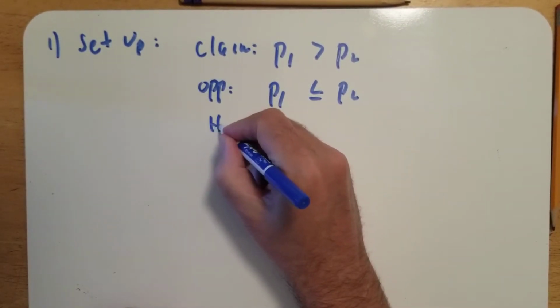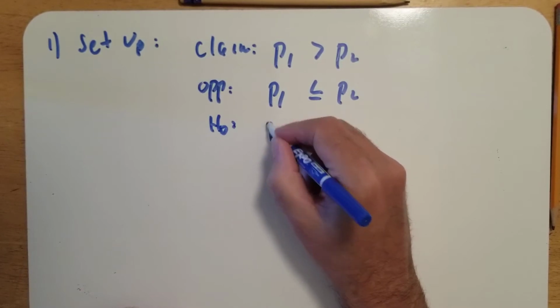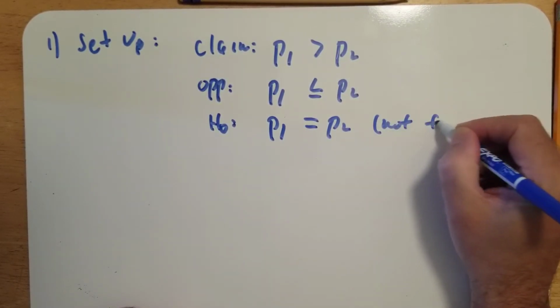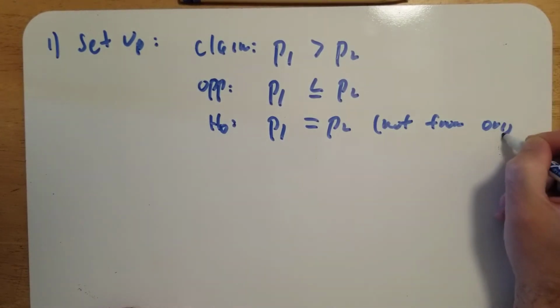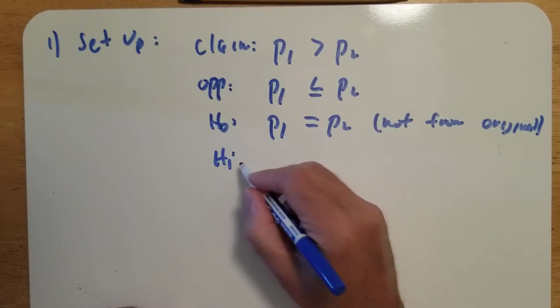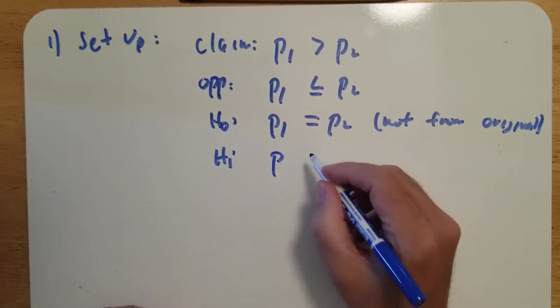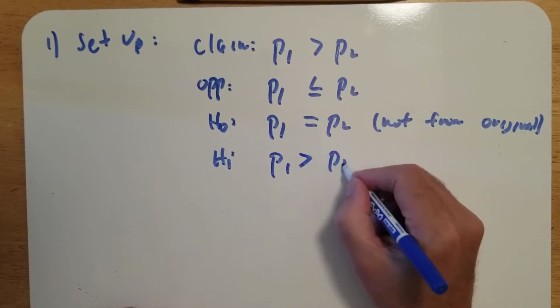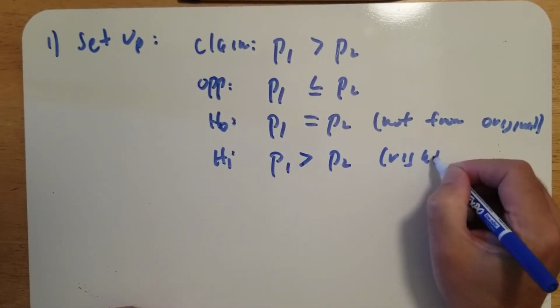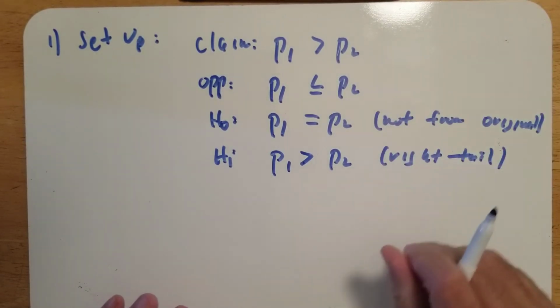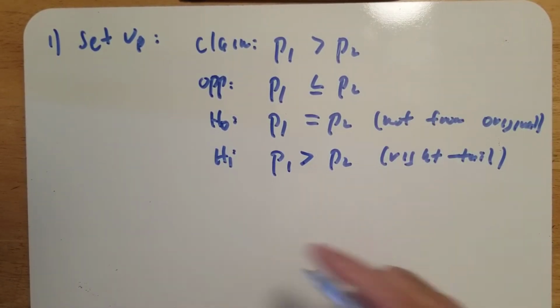The null hypothesis is that P1 is equal to P2, which is not from the original claim. And the alternate hypothesis is P1 is greater than P2, which makes for a right tail test. So that's the setup, and I just read that off the more than row in the chart.